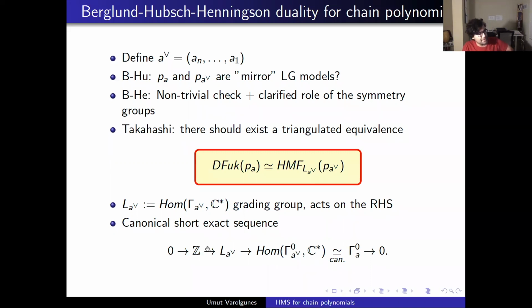This short exact sequence has some Z, and then it surjects onto just the zero part of this symmetry group up to scaling. You can prove that this group is canonically isomorphic to the zero part of gamma A. Every finite group is isomorphic to its Pontryagin dual, but this is a canonical isomorphism.